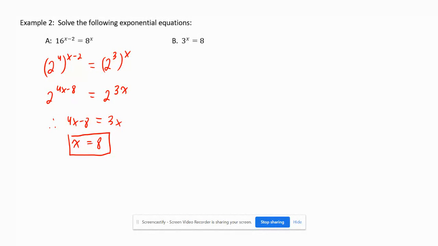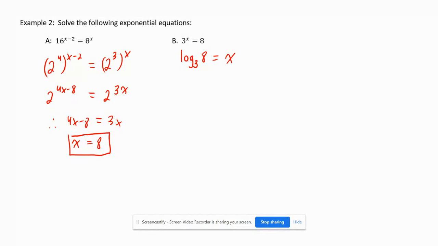Example B is a little bit different because with 3 and 8, we can't convert these numbers into a common base. Again, the purpose of a logarithm is to isolate for an exponent. So if this is my base, this is my exponent, this is my argument or my answer. If I convert this into logarithmic form, this is the same thing as log base 3 of 8 equals x.